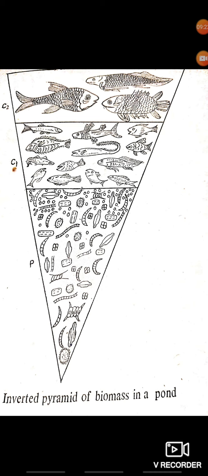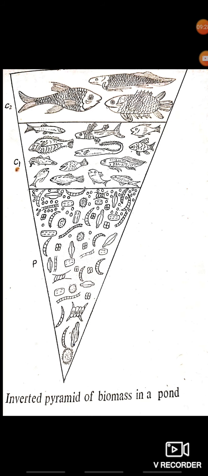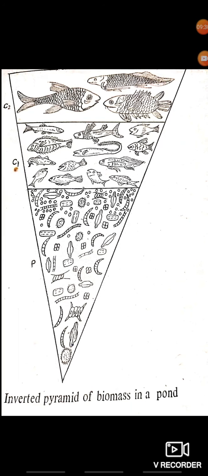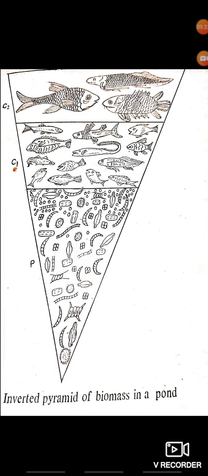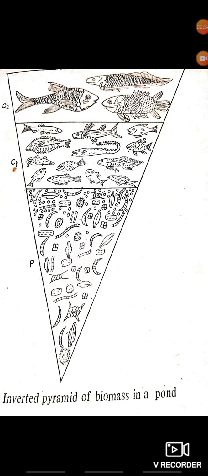So this was about the ecological pyramids, that we can diagrammatically show the food chain. According to this, the pyramid of numbers can be upright and can also be inverted.